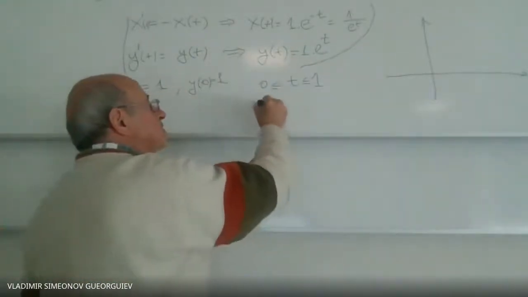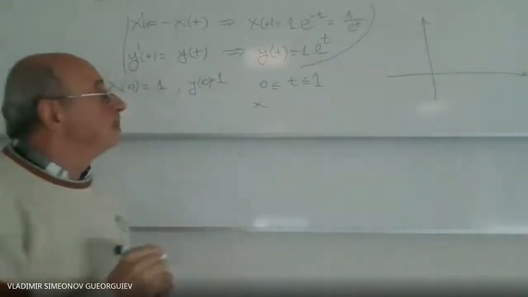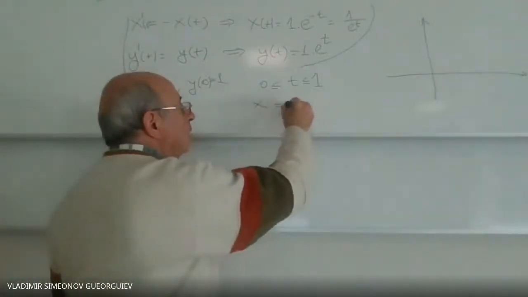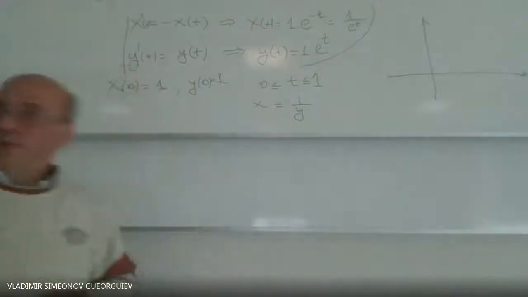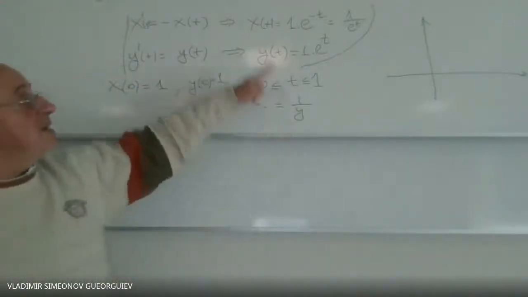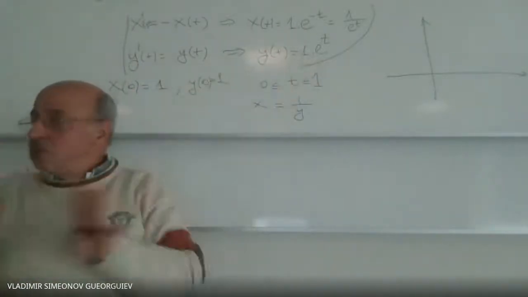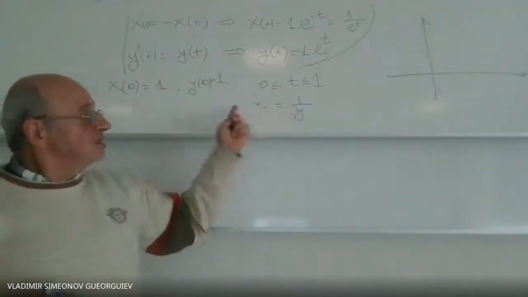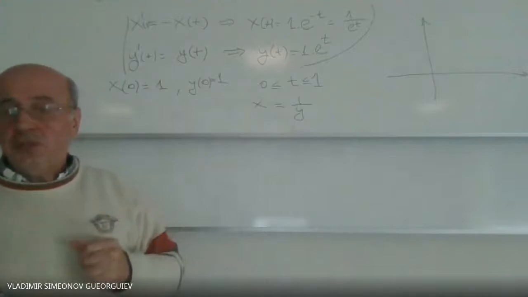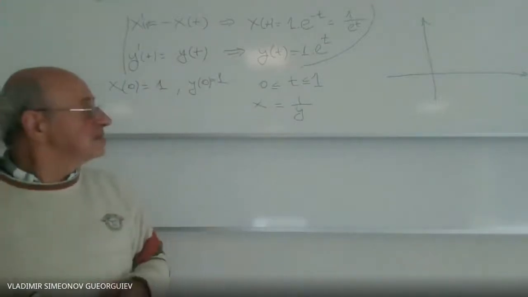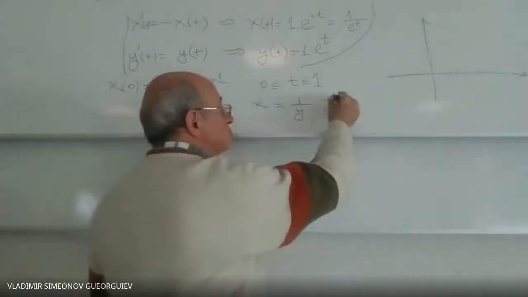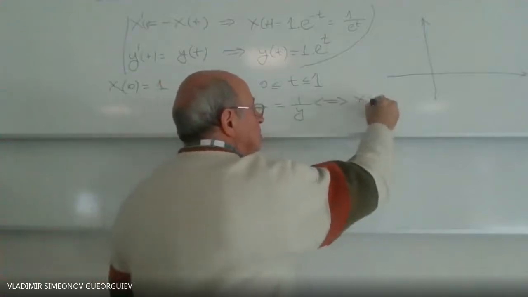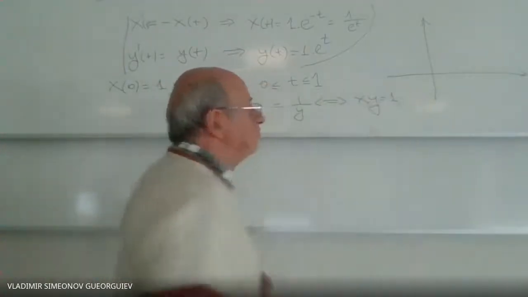We have x equal 1 over epsilon. Practically, as we said, we exclude the parameter t and obtain one equation, x equal 1 over epsilon. It is clear that this can be written also as x epsilon equal 1.